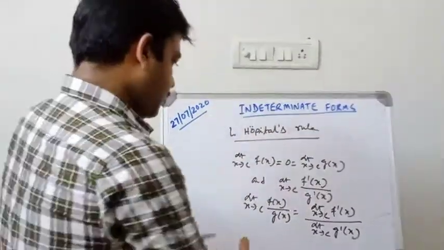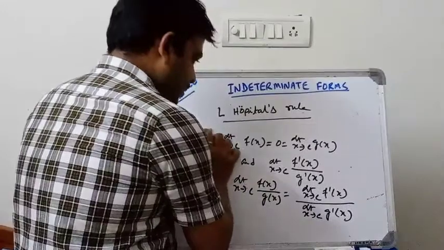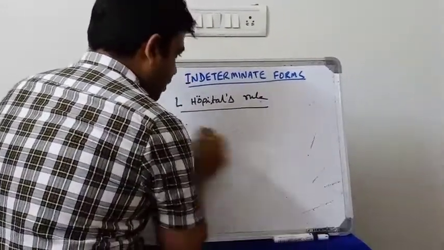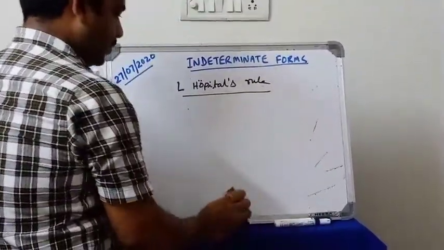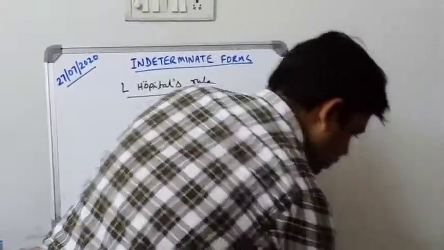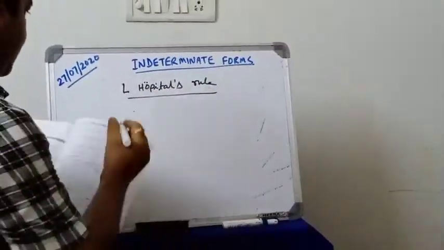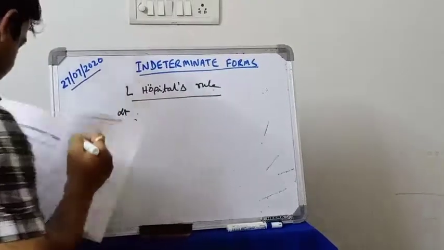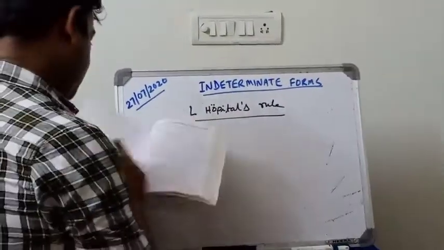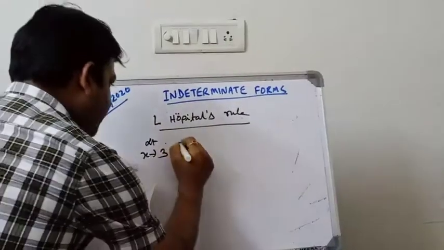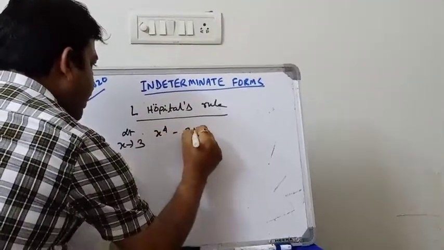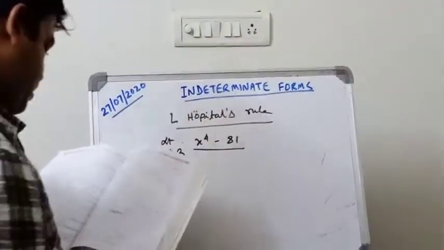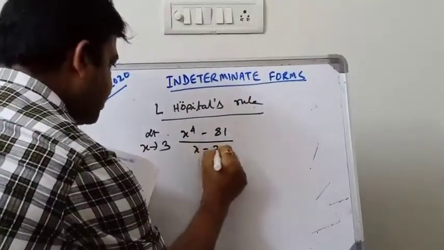Okay. Now how to solve the sum? Just check. Suppose one sum is given, limit x tends to 3, x to the power 4 minus 81 by x minus 3.